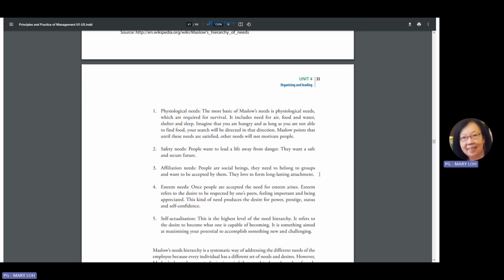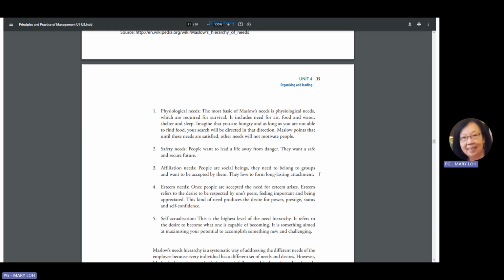So understanding people's need for affiliation or belongingness will allow you as a manager to work with HR to come up with team building activities in order to get people to interact with each other. Then they will feel a sense of belongingness, that they are part of the company, part of that family, the organization family.